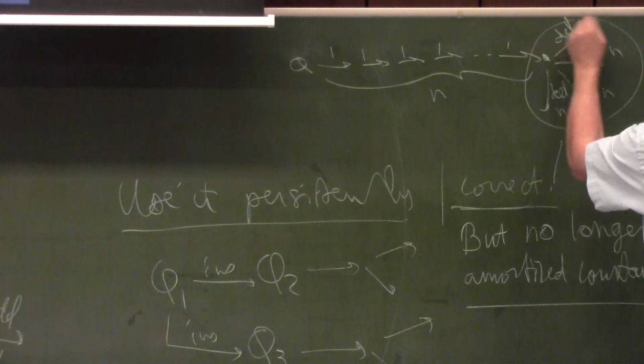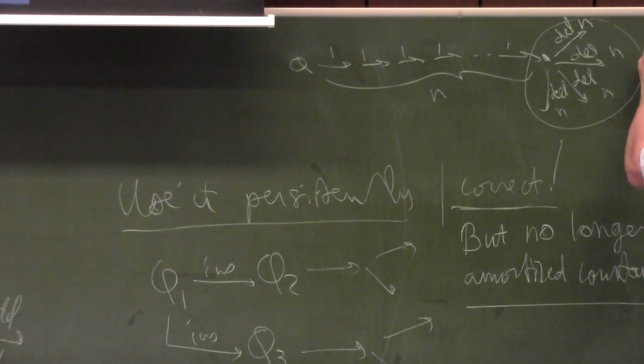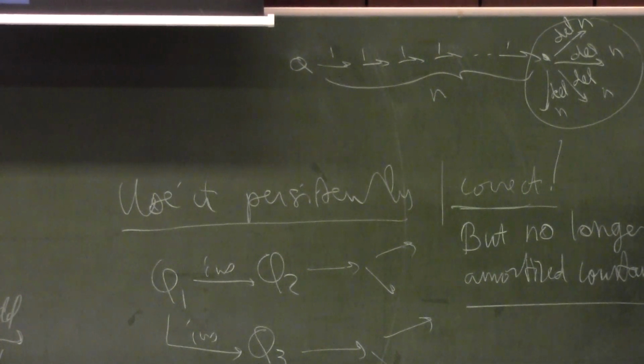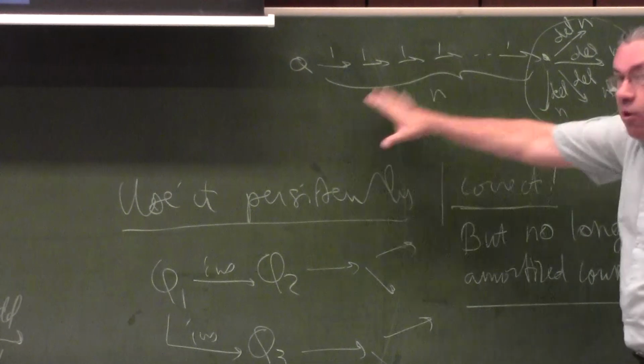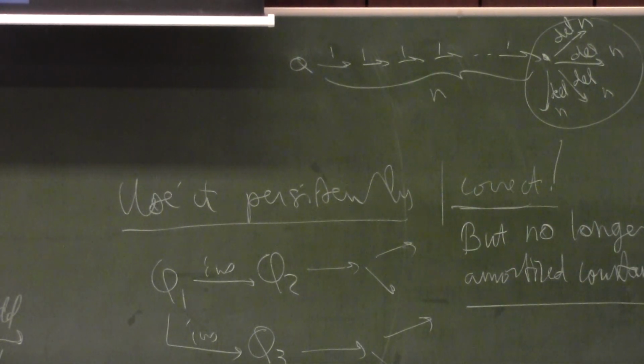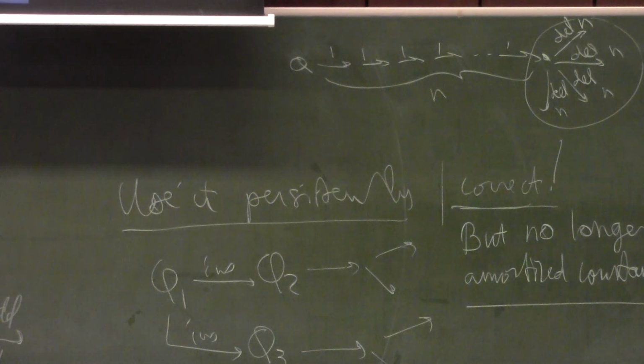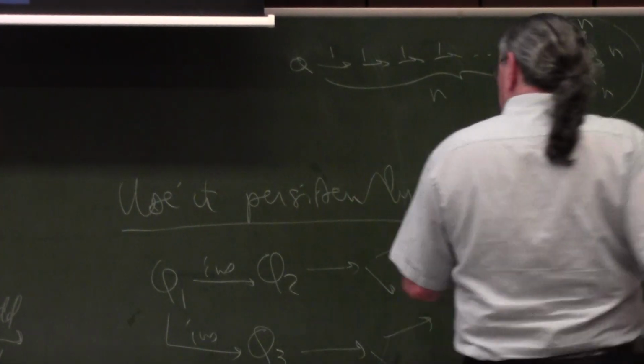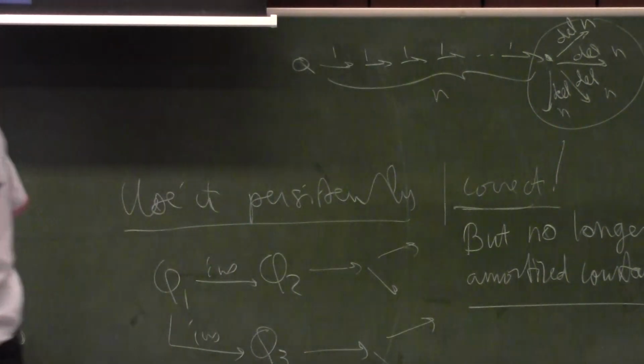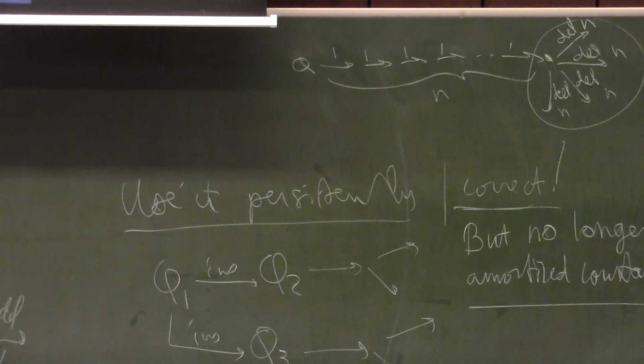So all the deletes are again expensive. I'm using it persistently, and the problem is that all of these deletes are going to be slow, and therefore it doesn't work when you use it persistently. I mean, it works, but it's not amortized constant time. It's just as bad as the first one. So this algorithm is only amortized constant time ephemeral.